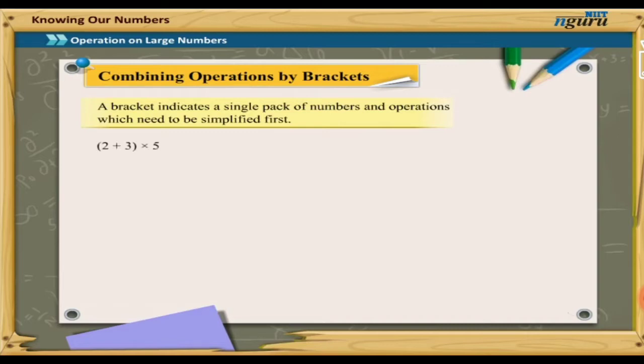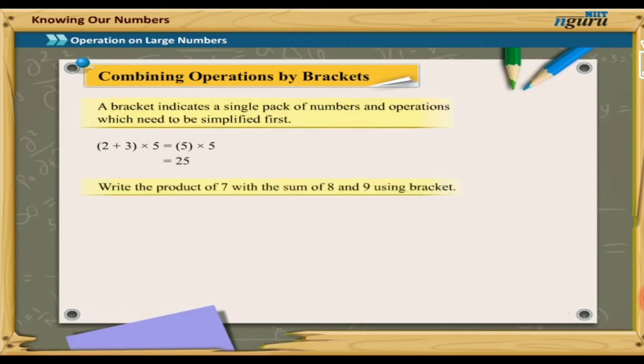Let us see an example. Here, the bracket indicates that 2 plus 3 needs to be evaluated first and not 3 into 5. So the solution will be 5 into 5, which is equal to 25.